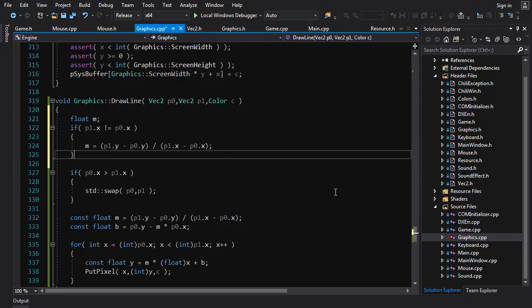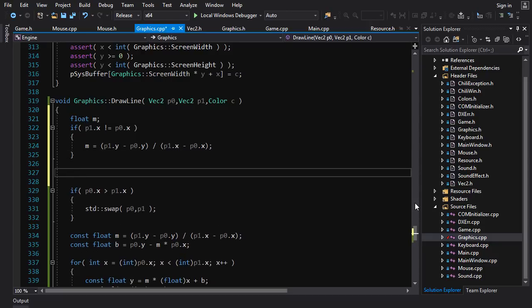So we'll pre-calculate the slope. Now we're going to check to see which case we have. First, we want to see if we have a completely vertical line. If our line is not completely vertical, then that means we would have calculated m.